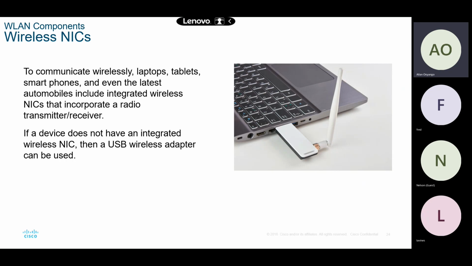And so any device that doesn't have an integrated version of these NICs can still be modified by just acquiring a USB wireless adapter, which you plug into the USB port of devices, and they'll definitely be able to connect us to the wireless network. Very, very important.